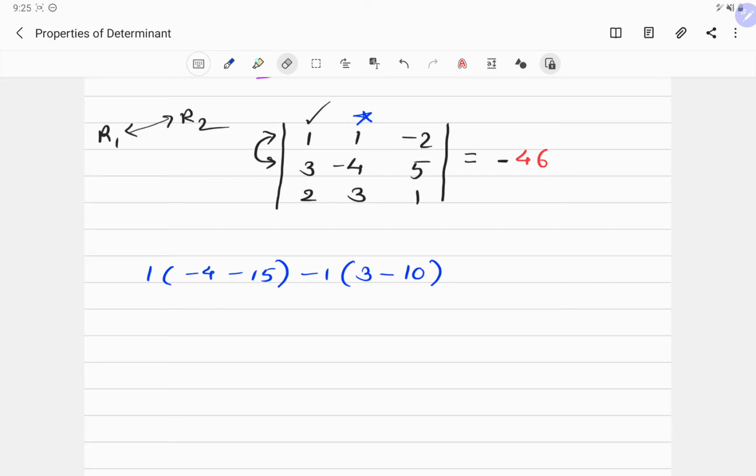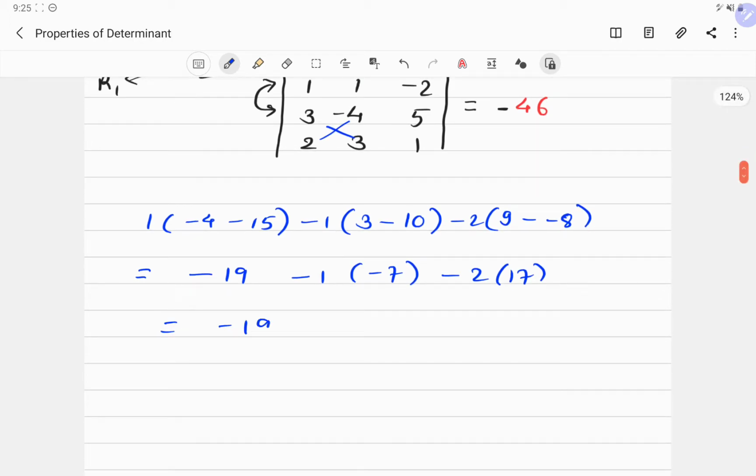Then further expansion along this minus 2 is 3 into 3 is 9 minus 2 into minus 4 is minus 8. Now let's find its value. If you observe, it's minus 19. Over here, this is minus 1 into minus 7. This is minus 2 into 17, right?